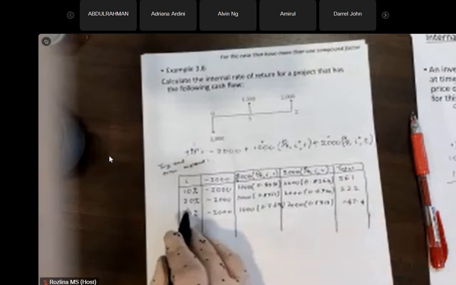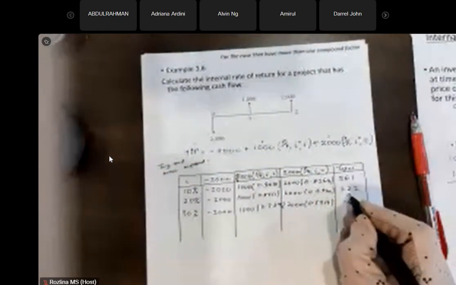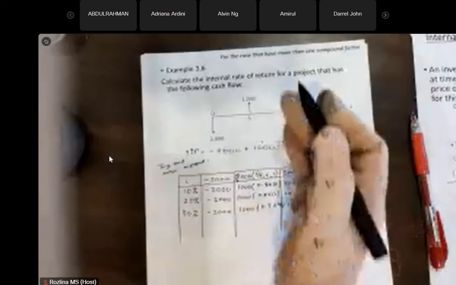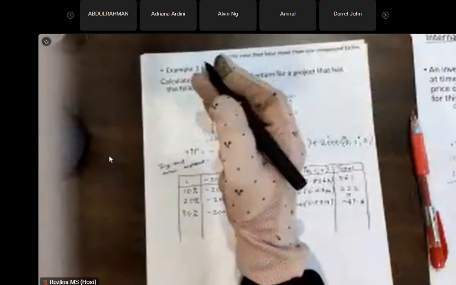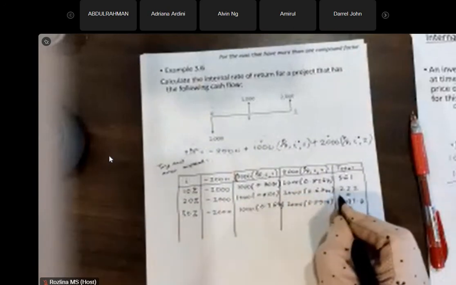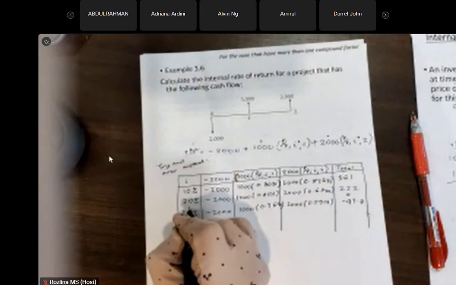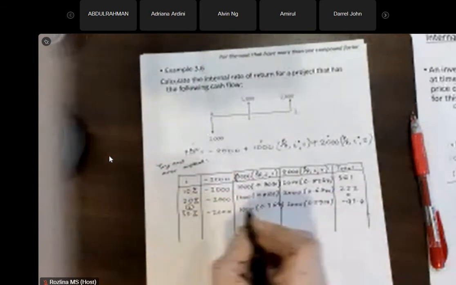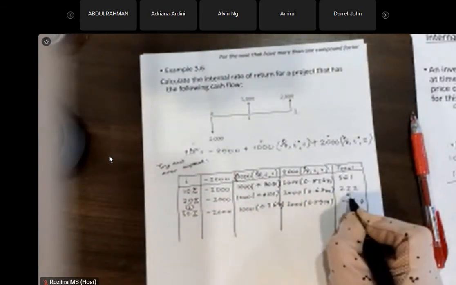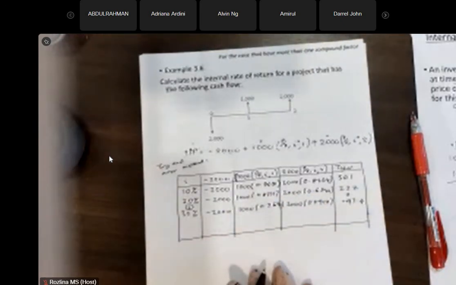Okay, that means if you want to get the P as 0, yang ni assume ni P ni kosong. So that means it is in between the 20% and 30%. So the I should be here lah, to get the zero value kat sini. Betul tak? Is it correct?